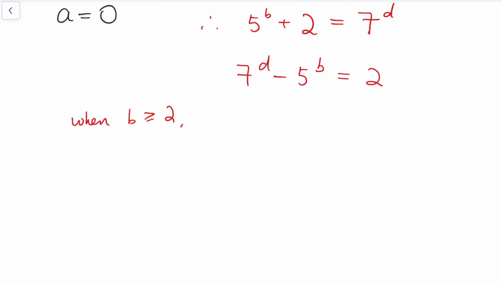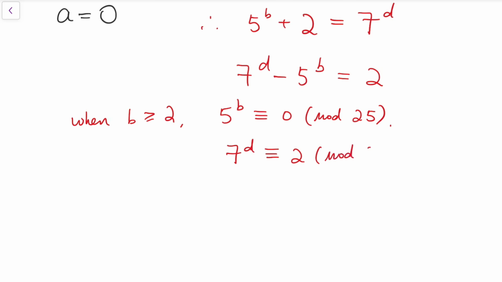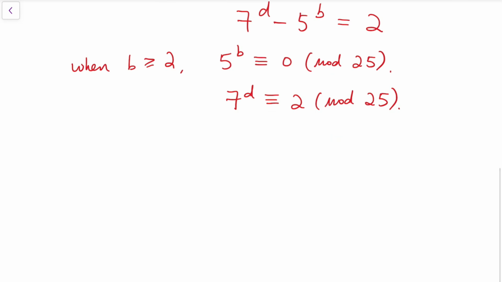So when b is at least 2, then one thing that we can tell about that power is that 5 to the power b must be a multiple of 25. So that means 7 to the power d must be congruent to 2 mod 25.